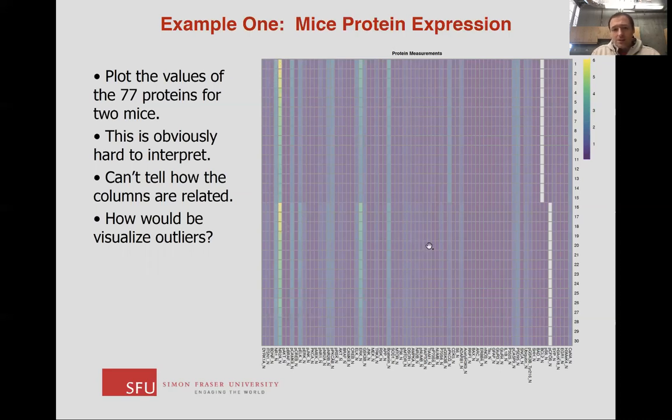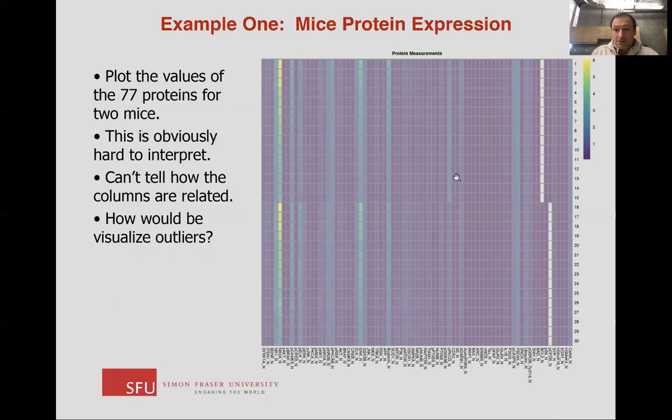So looking at this, we can say something, right? We can say that this particular protein seems to be pretty prominent. So does this one, and a lot of these values look almost the same. It's not clear how much one can say about a plot like this. It's kind of hard to tell how the columns are related.